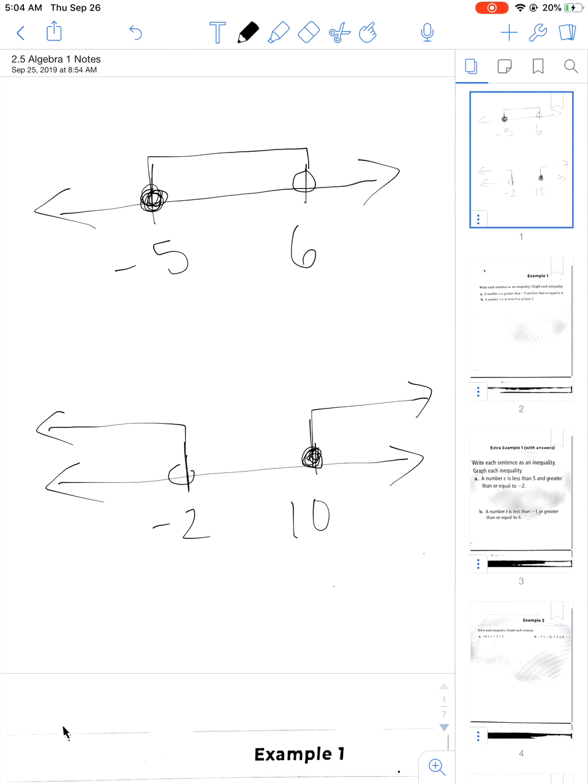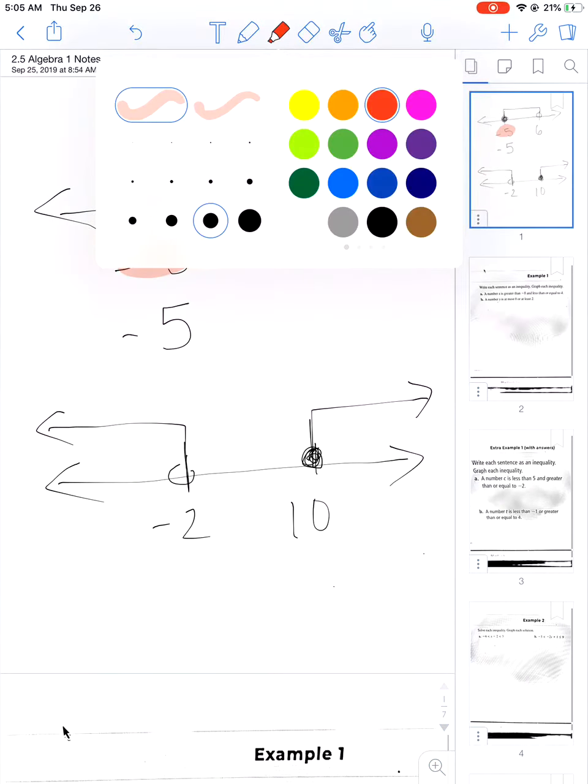So if we look at this first one, we need to figure out what's the inequality that we're looking at here. Well, we know inequalities are basically what's the smallest number that works, what's the biggest number that works. So if we look at this picture right here, the smallest number that works is -5. So I'm going to write that down below. The biggest number that works, right here, 6.